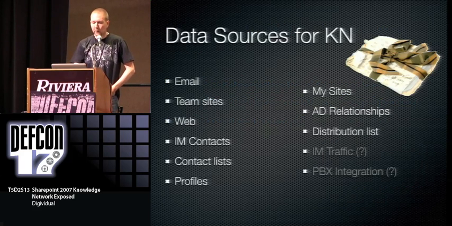The data sources the Knowledge Network uses to harvest information include email, team sites, which is an artifact of SharePoint, websites, IM contacts, contact lists, profiles in SharePoint, My Sites, another SharePoint artifact, Active Directory relationships, managers, divisions, things like that, and distribution lists. Speculations were for extending it into IM traffic and integration with the phone system.